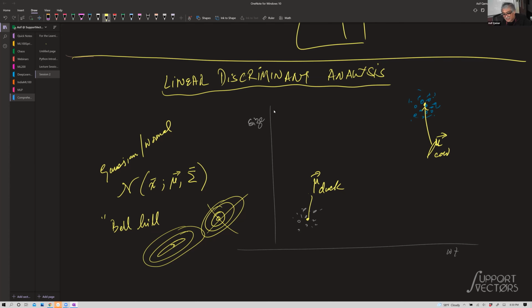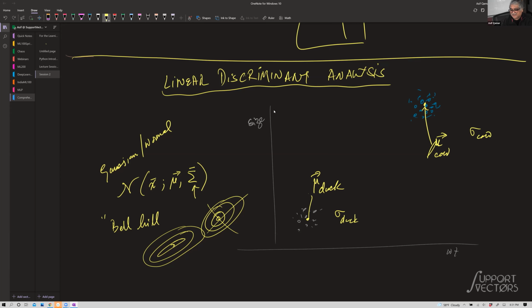This is it. But there is still one thing that is undecided. If you make a hypothesis of a bell curve, a Gaussian distribution, you have to decide what you consider the variance of these two, the sigma. So there will be, let me just write one dimensional notation, sigma duck, sigma cow.